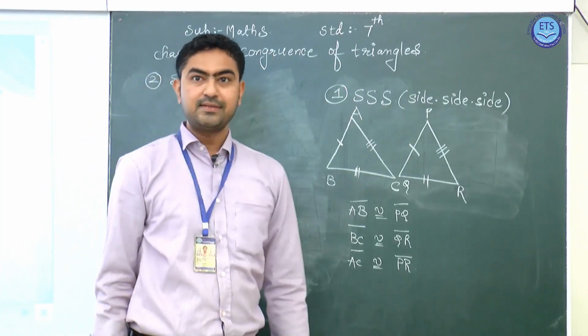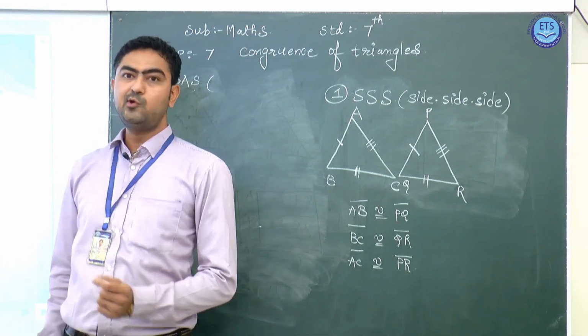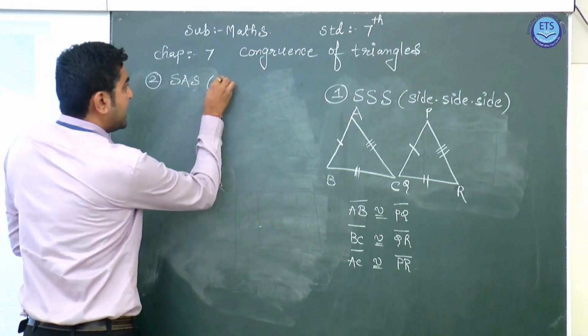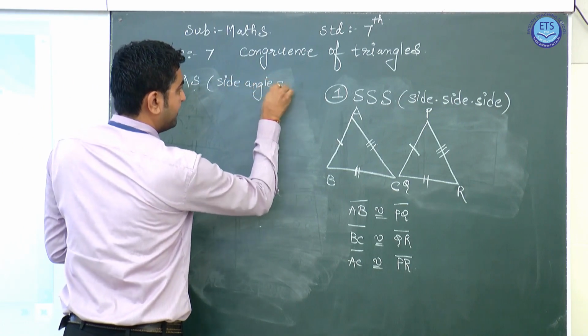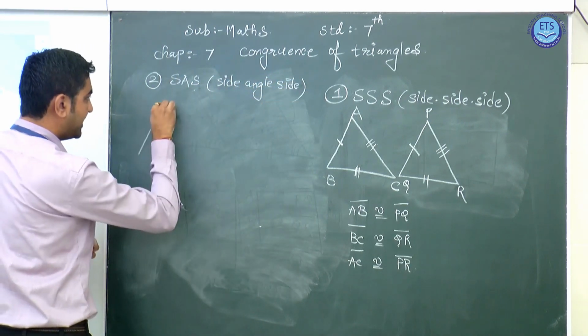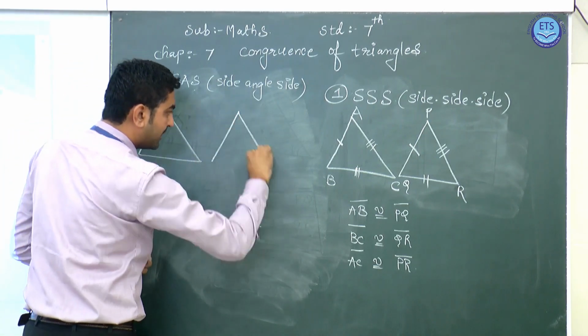Now the second criterion for congruence of two triangles is SAS, side, angle and side. We are taking two triangles here, the first is triangle ABC and the second is triangle DEF.